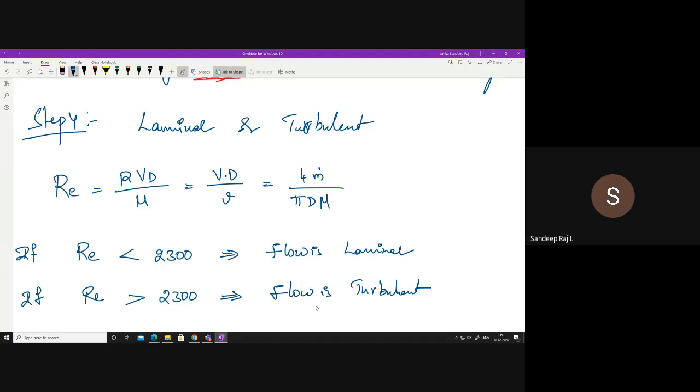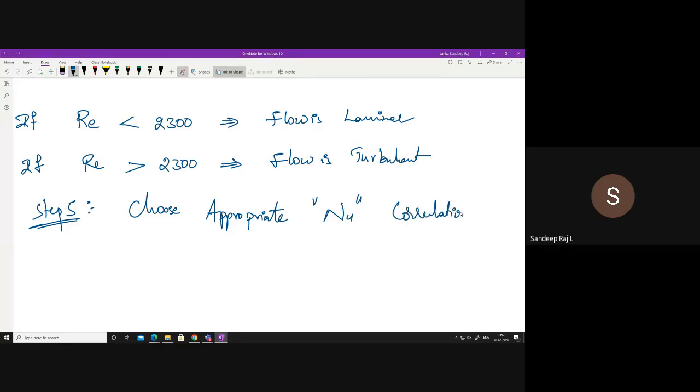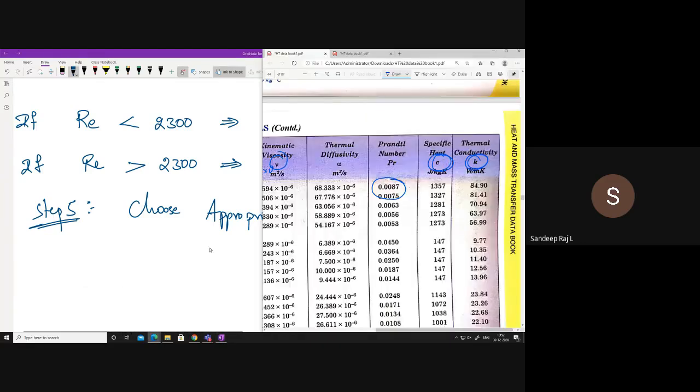Once you find out the given flow is laminar or turbulent, the next thing to do is choose the appropriate Nu formula. The right way to say it is Nu correlation. Which correlation you choose is based on the case that you are having.